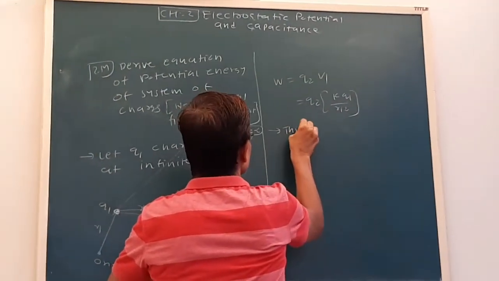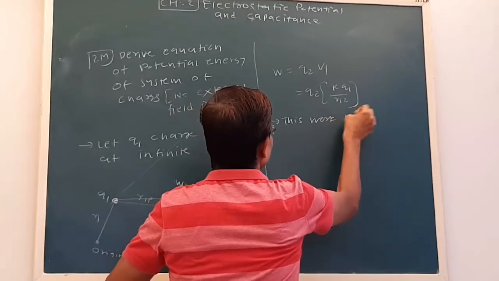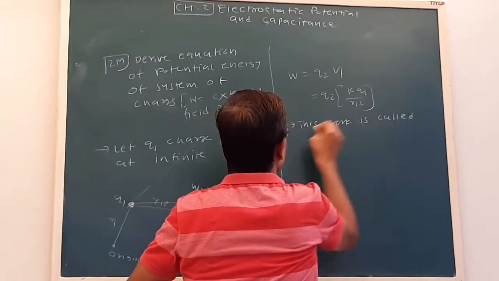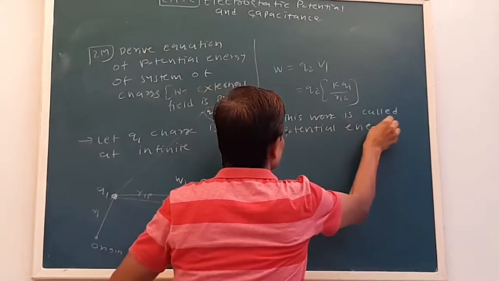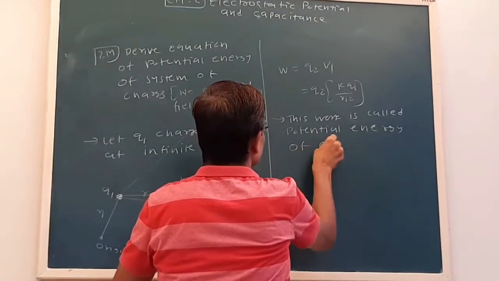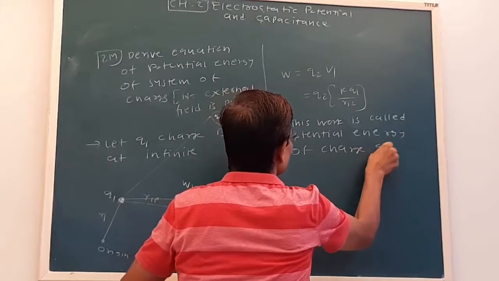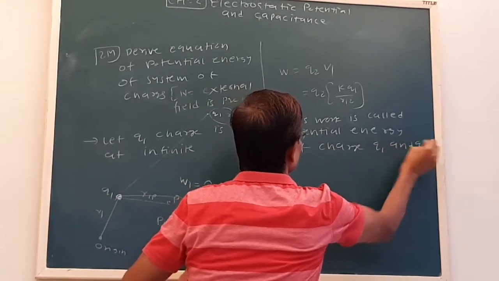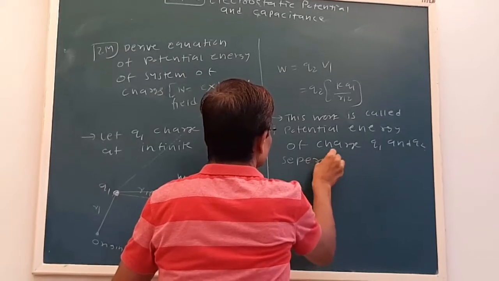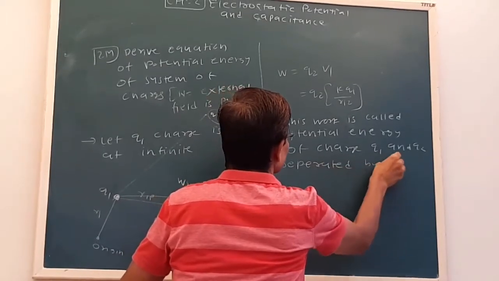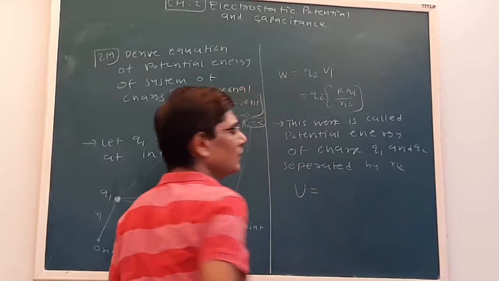This work is called the potential energy of charges Q1 and Q2 separated by R12.